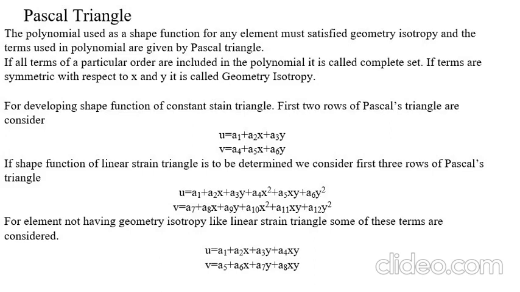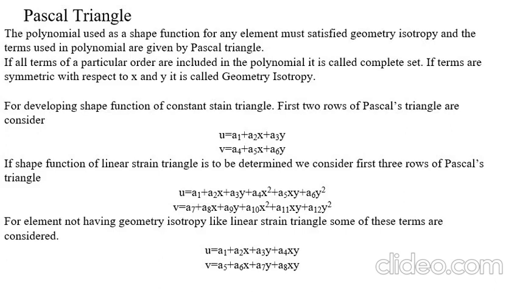If the shape function of the linear strain triangle is to be determined, we consider the first three rows of the Pascal triangle, where u is equal to a1 plus a2x plus a3y plus a4x square plus a5xy plus a6y square, and v is equal to a7 plus a8x plus a9y plus a10x square plus a11xy plus a12y square.